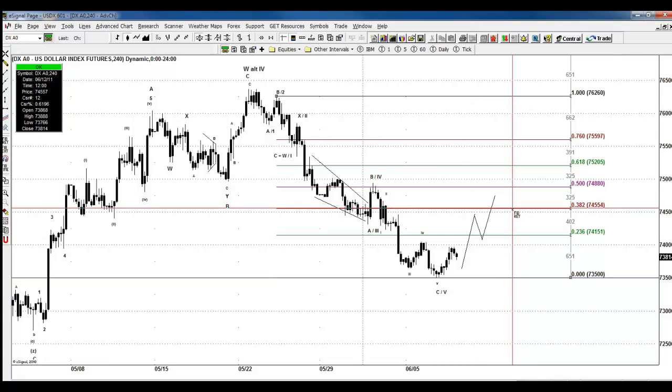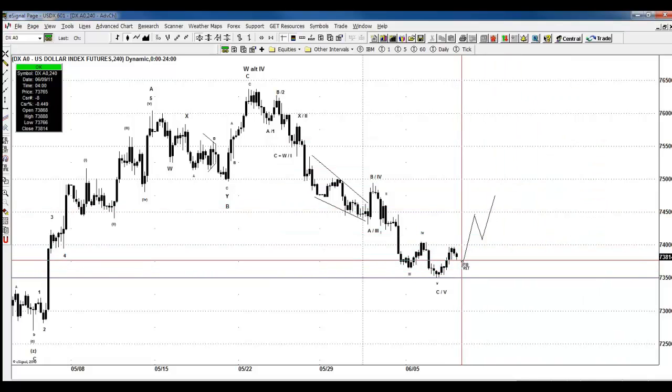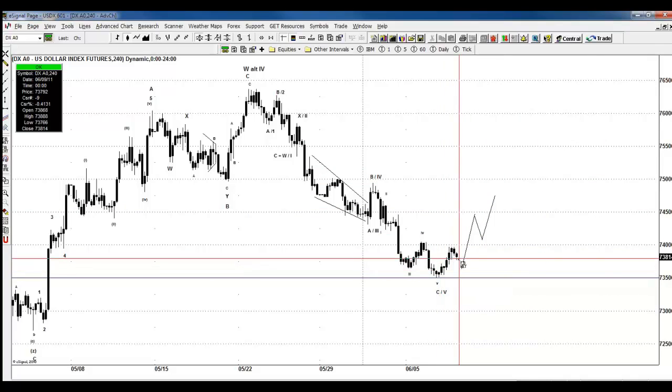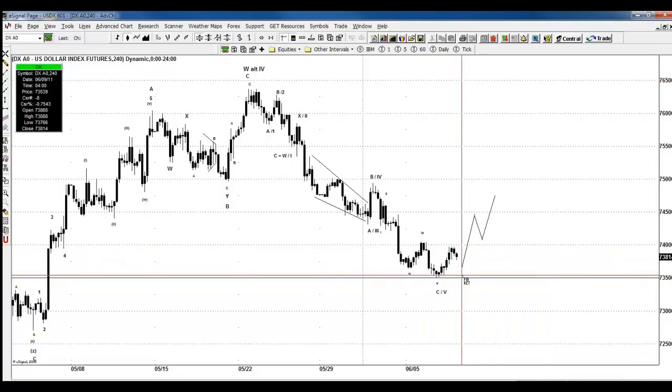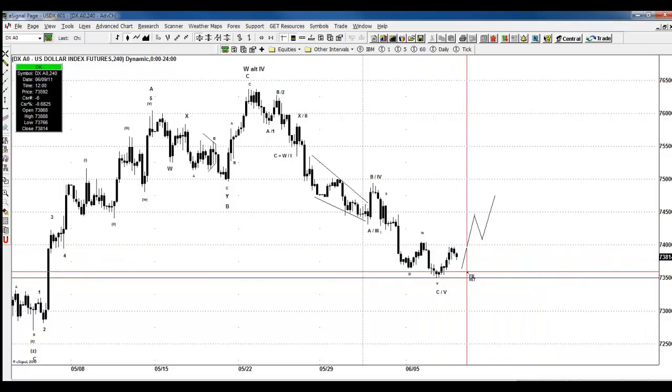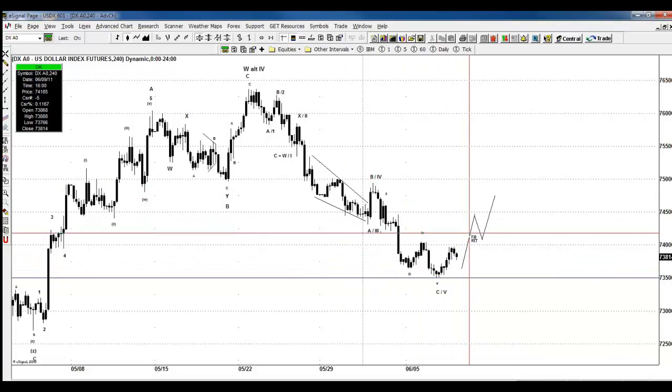So as of right now, I'm going to kind of go with the buyers, tending to go bullish US dollar. Why? Or at least one more leg of US dollar strength.